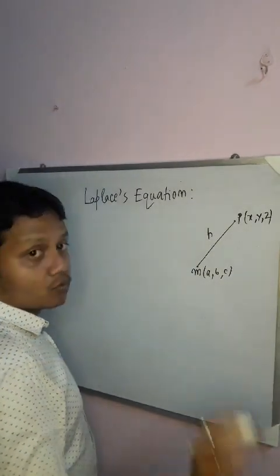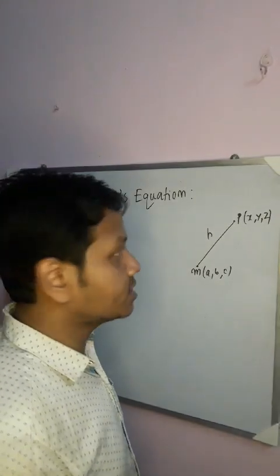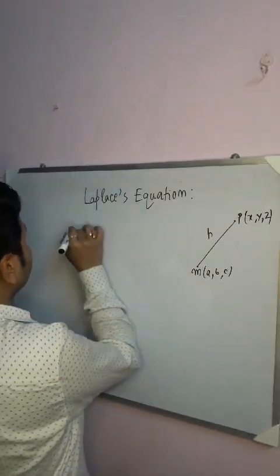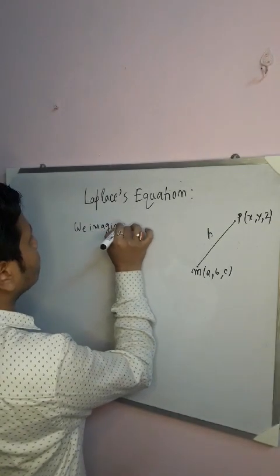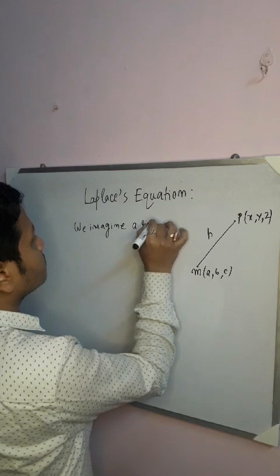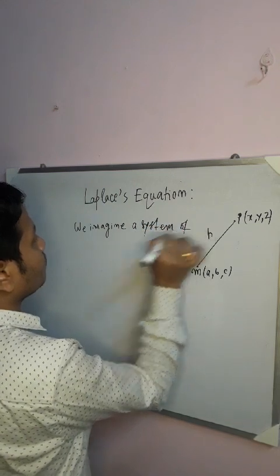So here we consider a system of attracting particles, so there must be a potential of the system.